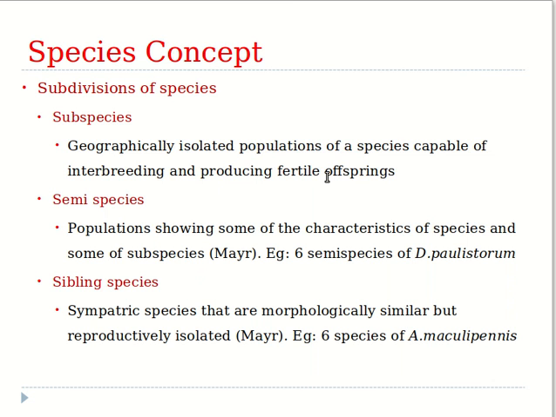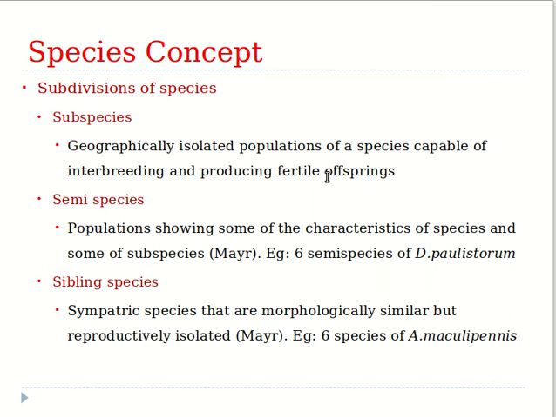Such reproductively isolated groups are then considered separate species. Thus, a subspecies represents a stage in the evolution of a species. I hope it is clear, right. It is a geographically isolated population of a species which is capable of interbreeding and producing offspring, but because of the geographic isolation is no longer able to.